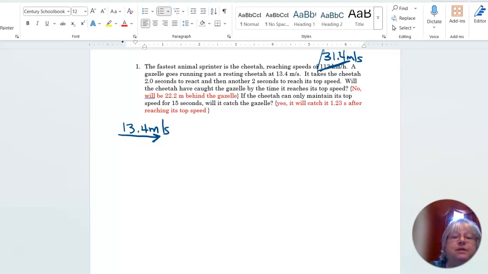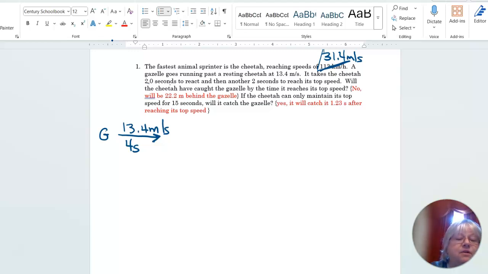Where am I getting 4 seconds? The 2 seconds where the cheetah has not reacted, and then the 2 seconds that it takes to reach its top speed. So my gazelle is going to be running for 4 seconds.